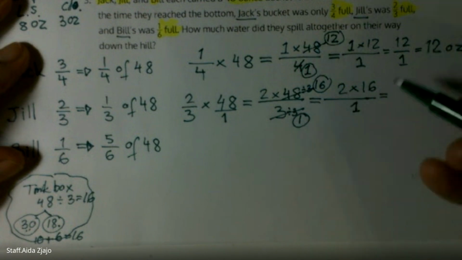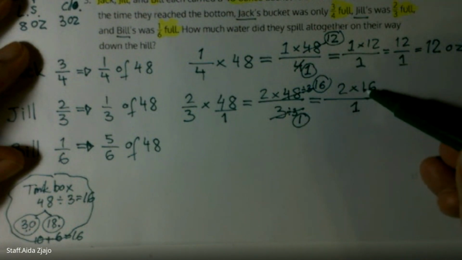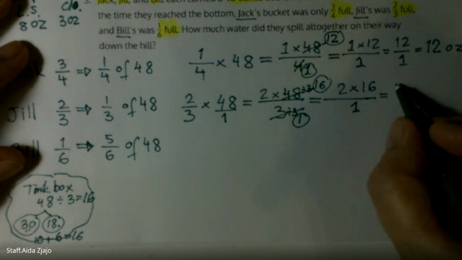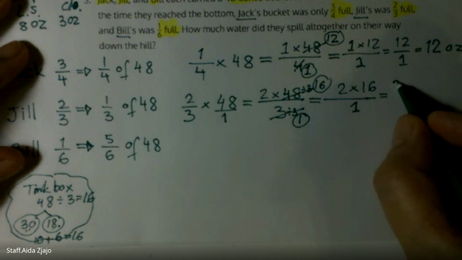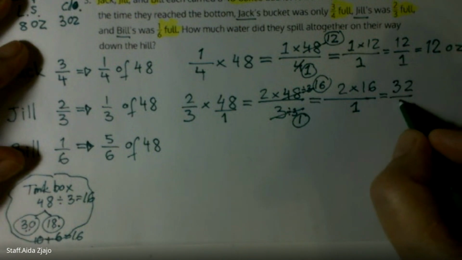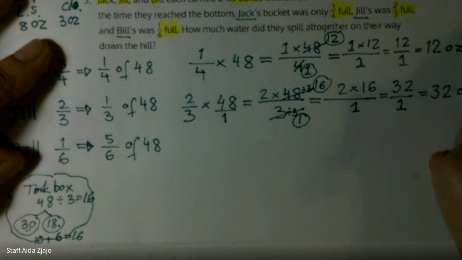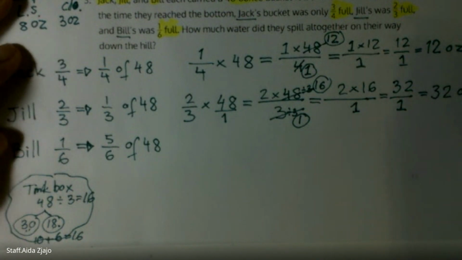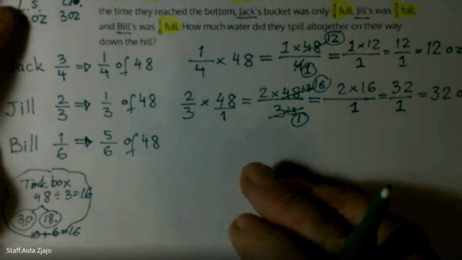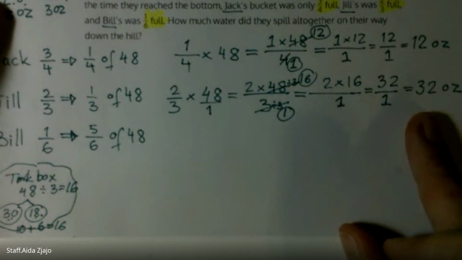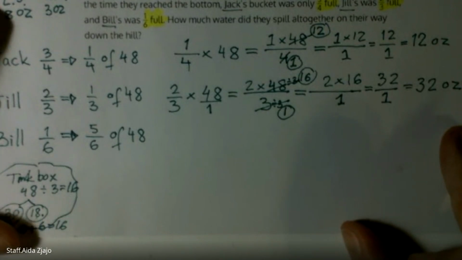So 2 times 16, you can think 2 times 10 is 20, 2 times 6 is 12, so 20 plus 12 is 32, divided by 1 equals 32 ounces. So in this case, Jill lost 32 ounces.